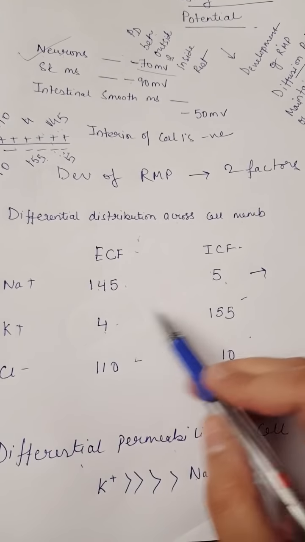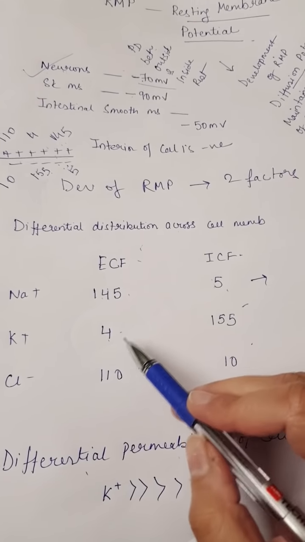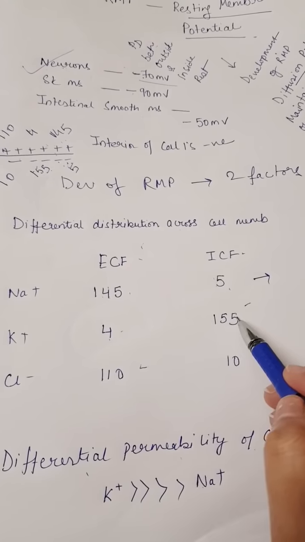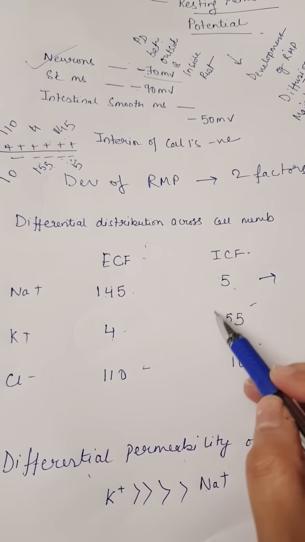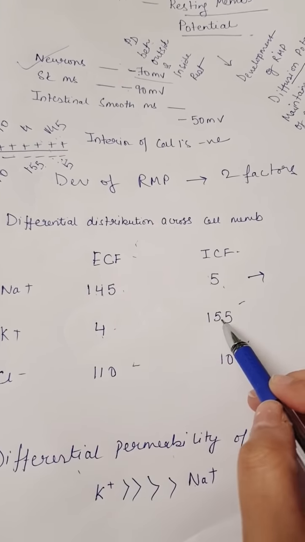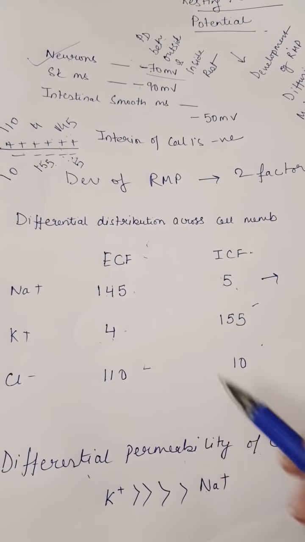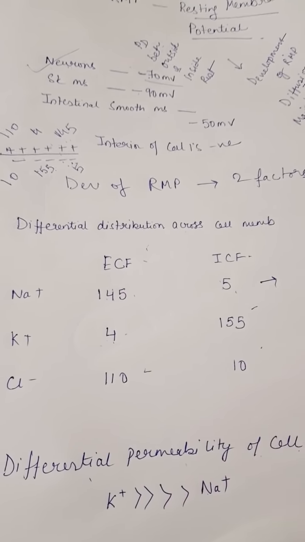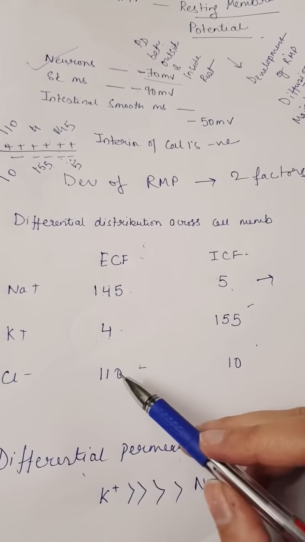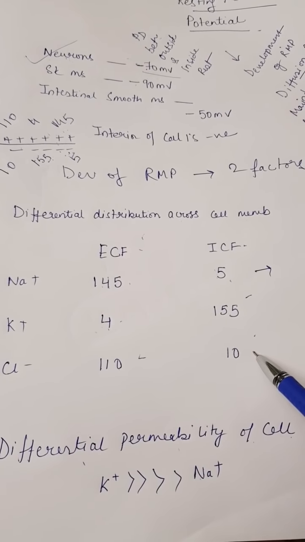Similarly for potassium it is opposite. Potassium moves from a higher concentration to a lower concentration, that is from interior ICF to ECF, from interior to exterior. And chloride has a tendency to move from outside to inside.